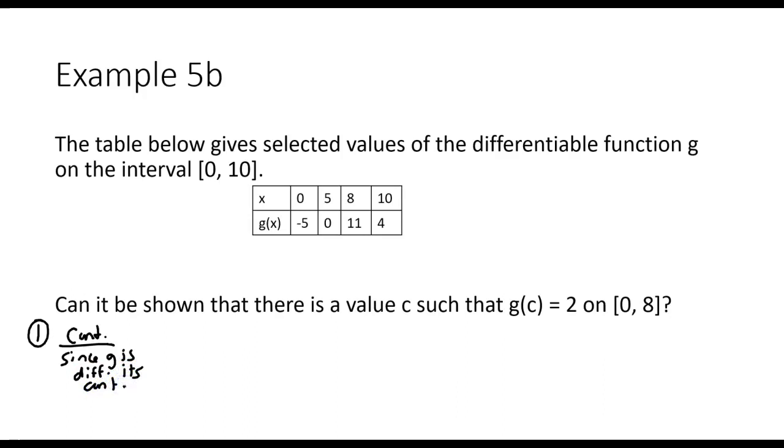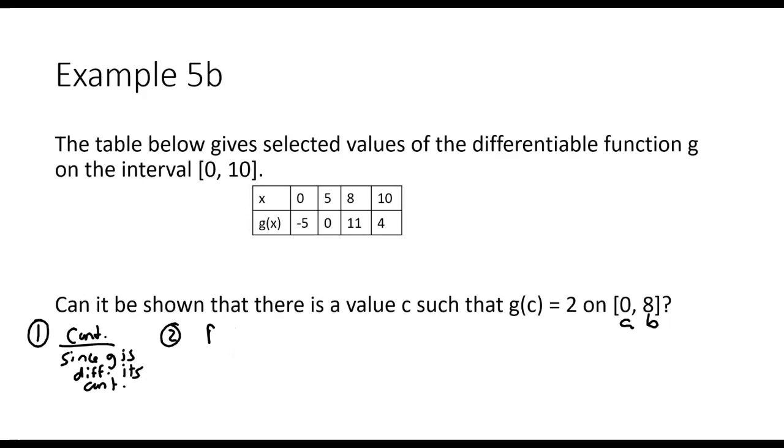The next thing we need to do is prove that we're going from point A to point B. So here's my A and here's my B. Okay? So let's find out what f of B is first. F of B would be f of 8, and, I'm sorry, we're doing G. Let me change those letters.